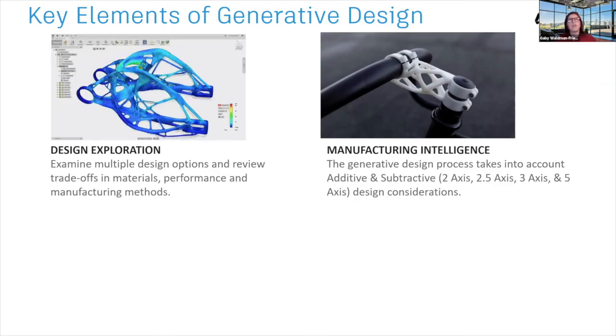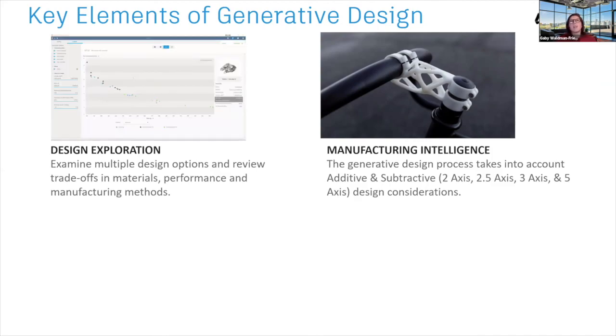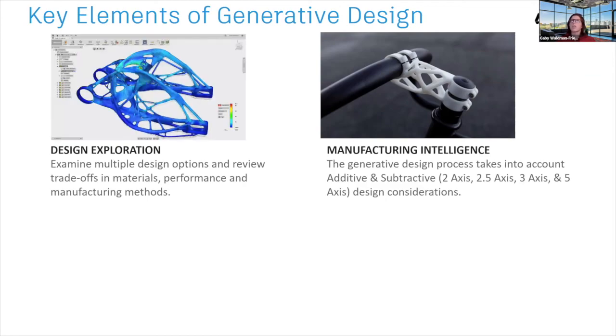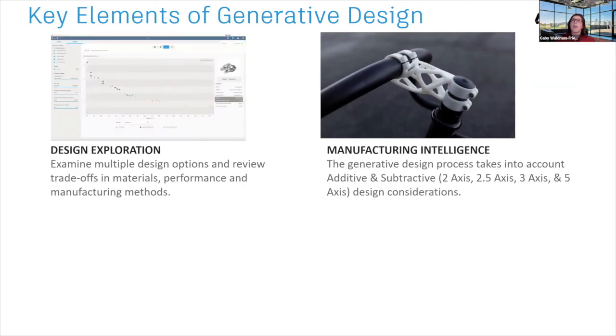So for every material and manufacturing method combination, it's going to produce an outcome. If you have 10 materials and 10 manufacturing methods, it's going to produce 100 outcomes, 1 per pair.